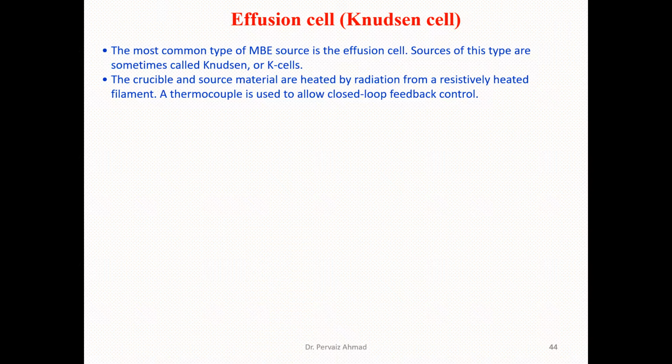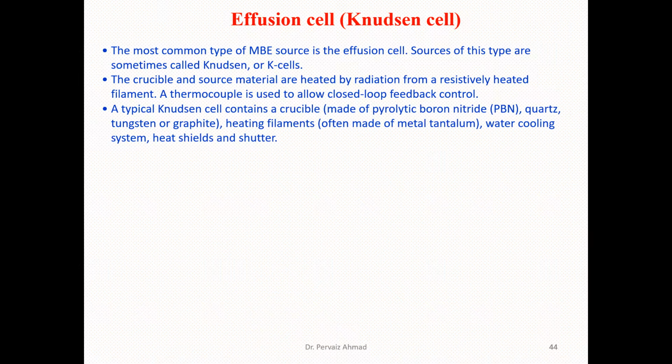That thermocouple is used to allow closed loop feedback control. Later, in this slide, we will show these different parts, and now I will just explain their functions. We have the crucible and source materials, heated by radiation from a resistively heated filament, and a thermocouple used to allow closed loop feedback control.